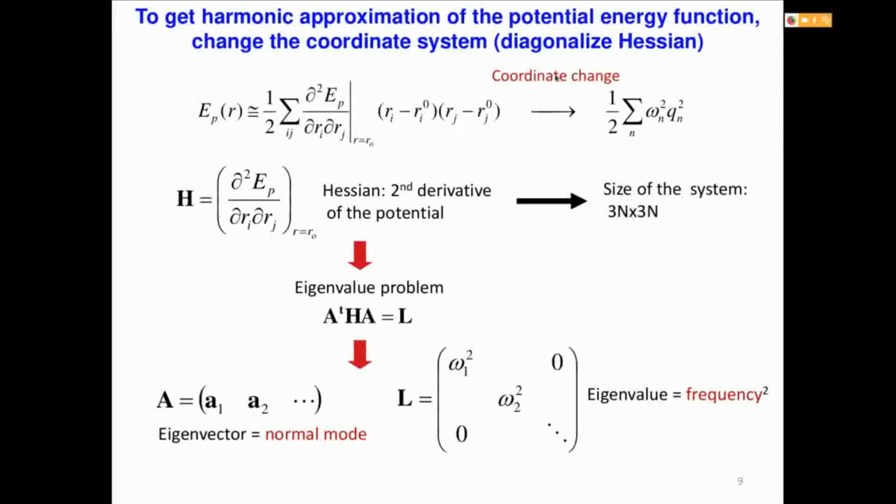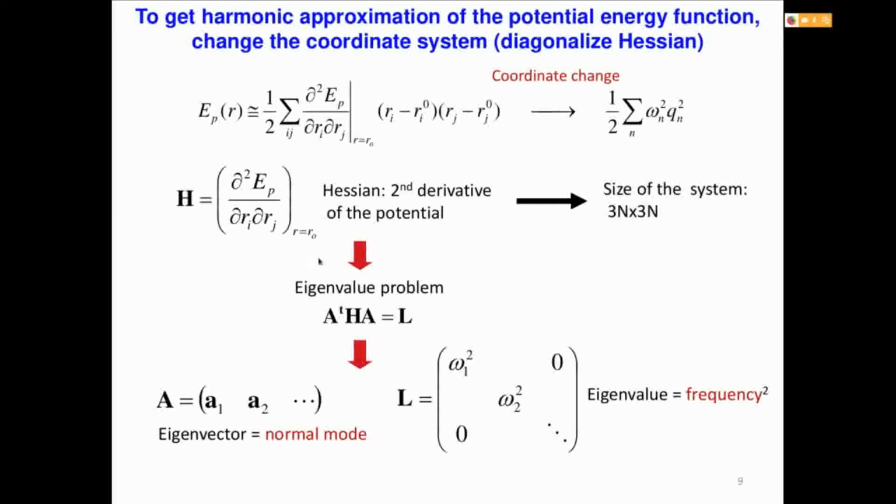And then there is a coordinate change from R to Q's. So we get rid of all these cross terms here, and we get only quadratic terms at this side. And this coordinate change is actually equivalent to the diagonalization of the Hessian matrix, that is the second derivative of this potential energy function.